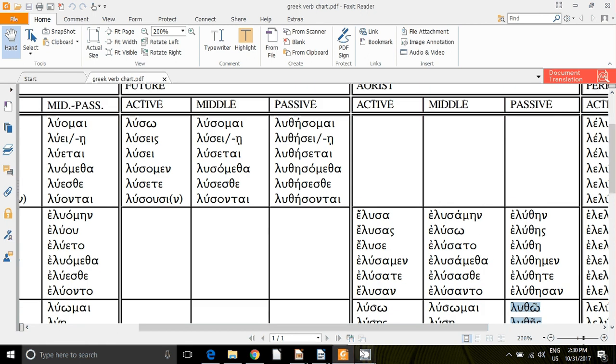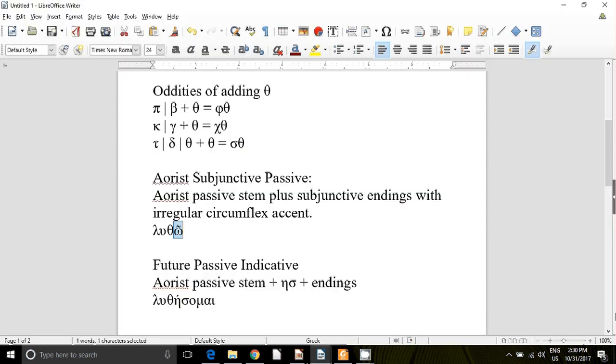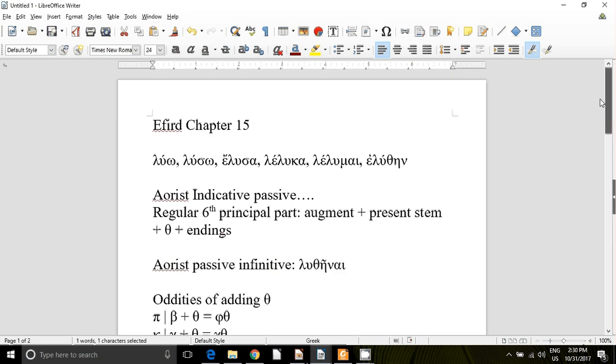Okay, moving on. How do we translate these things? Of course, it's the passive voice. So, I was loosed. So the aorist tense, simple past. I was loosed.